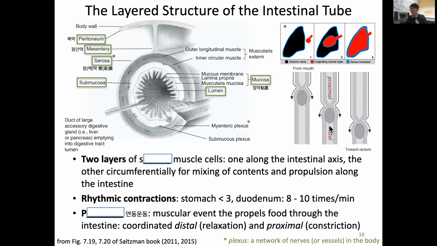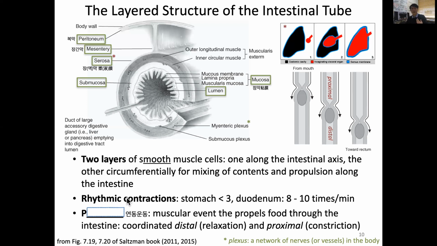So of these two muscle layers, the inner is the circular muscle and the outer layer is the longitudinal muscle. These are smooth muscle cells, one along the intestinal axis and the other circumferential, for mixing content and propulsion along the intestine. This is a very interesting structure.